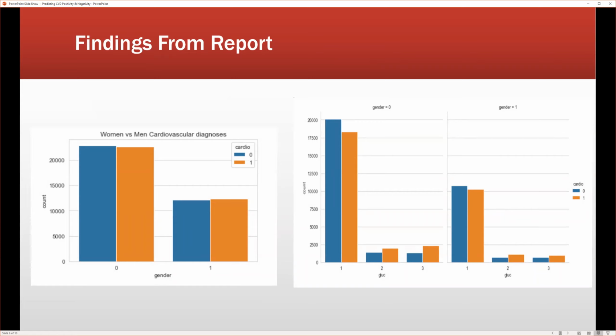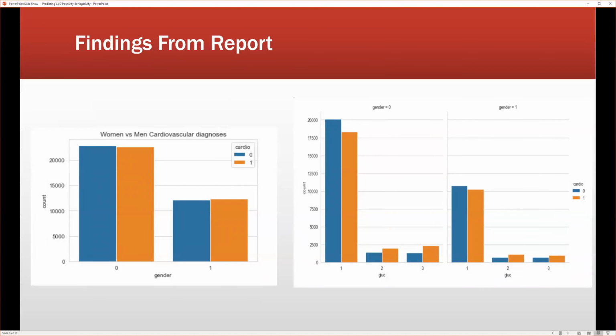We can see clearly very significant numbers within the women population versus the man population. Women who either have the disease or do not have the disease number over 20,000 entries, versus a man's diagnosis, which is a little over 10,000 for either positive or negative.